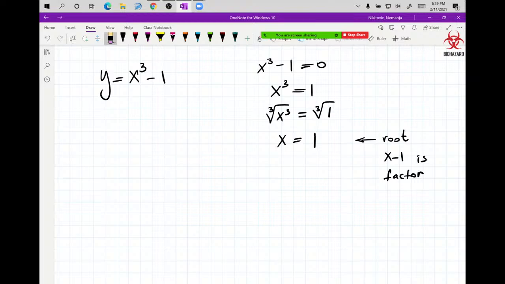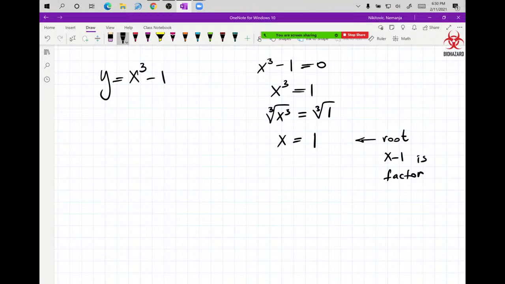So, when I did this and I came up with x equals 1, I know that's a root. And by the remainder theorem, sorry, the factor theorem, I know that because x equals 1 is a root, x minus 1 is a factor, which will divide evenly. Okay, that's good.